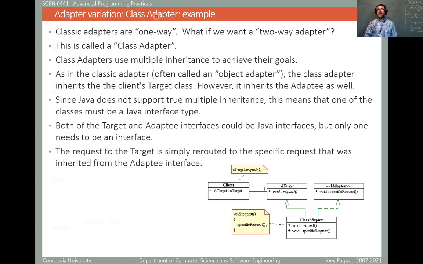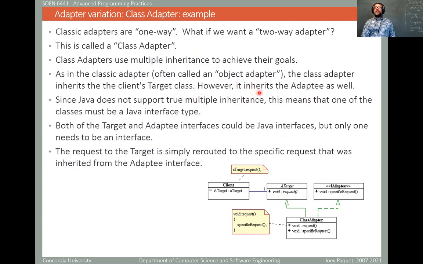So it's a two-way adapter. It uses an interface to provide either of the two ways. The classic adapter is often called object adapter, and this one is called a class adapter.